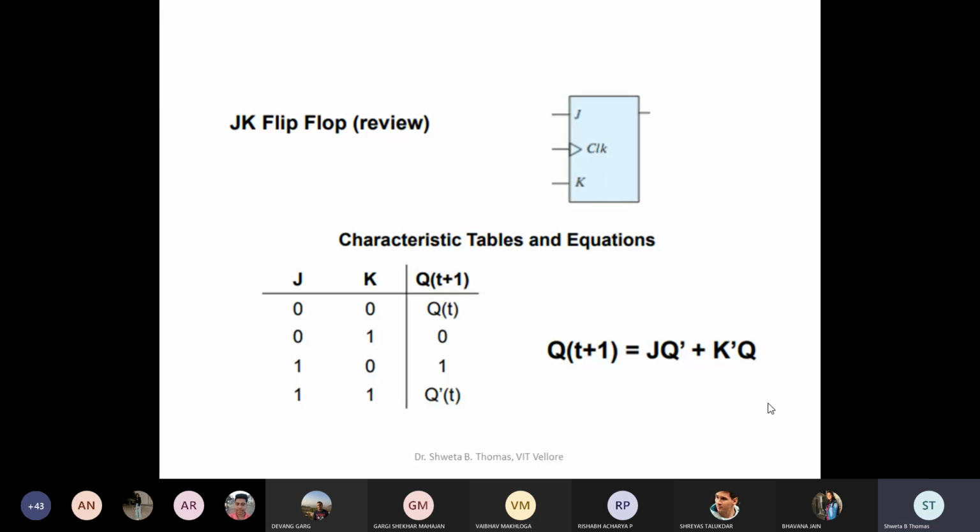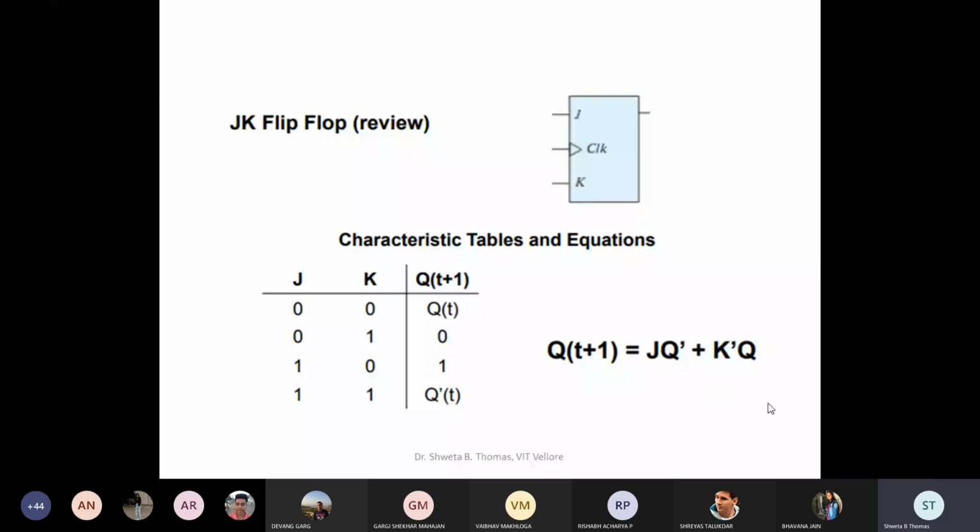Make a chart where every flip-flop and its behavior will be there, and this kind of characteristics table you should have in one place for all four kinds of flip-flop. Okay, students, what I'm telling you?